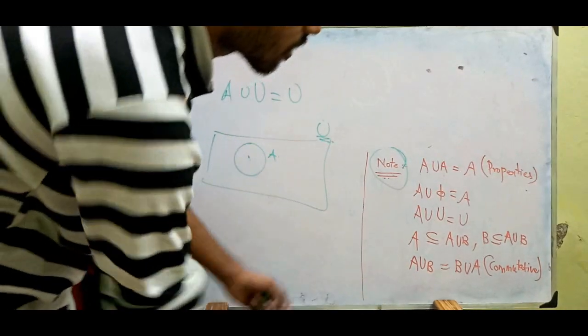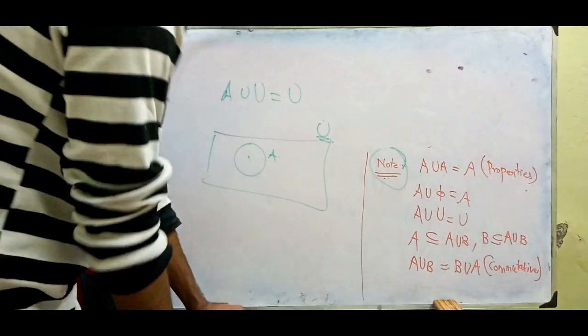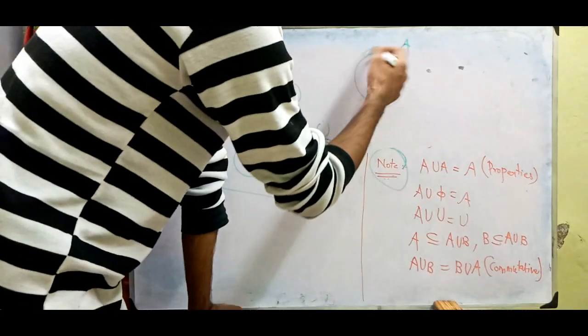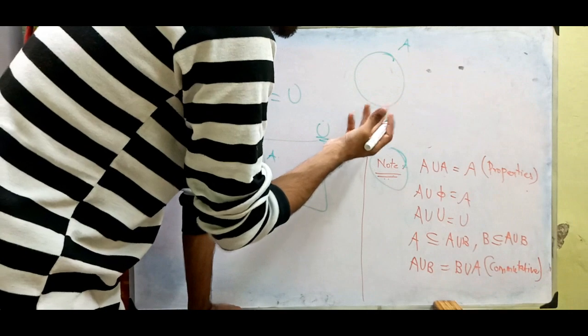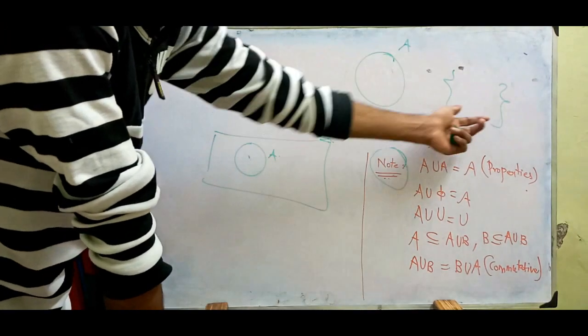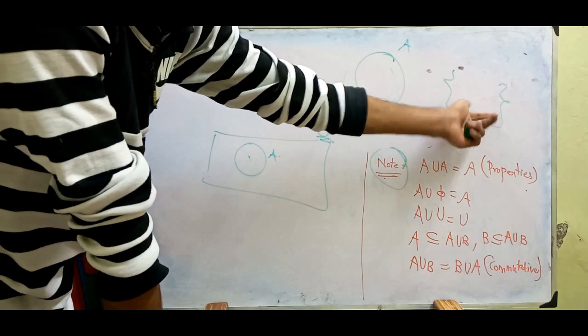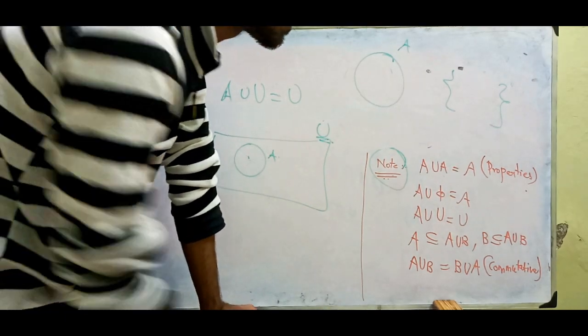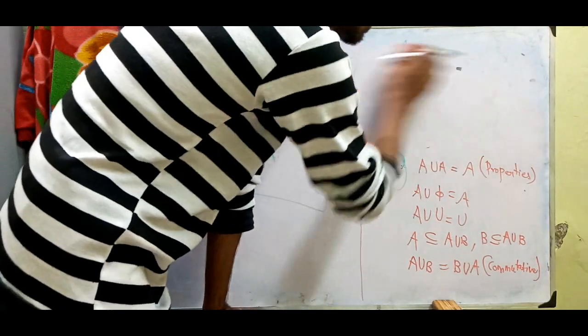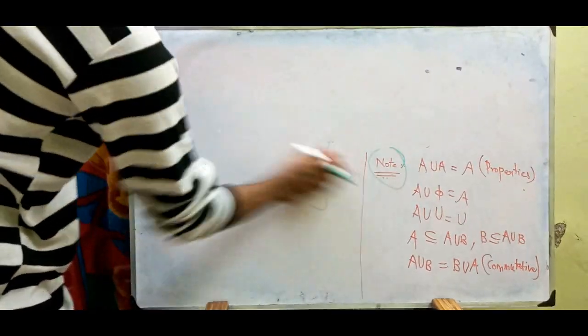Then A union A is A itself. If I have this element A, and again union this one, as we know, the elements of a set should not be repeated. So that is why A union A is again going to be A itself. No repetition is allowed in a given set.